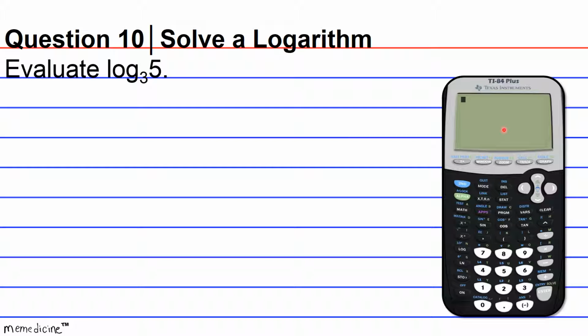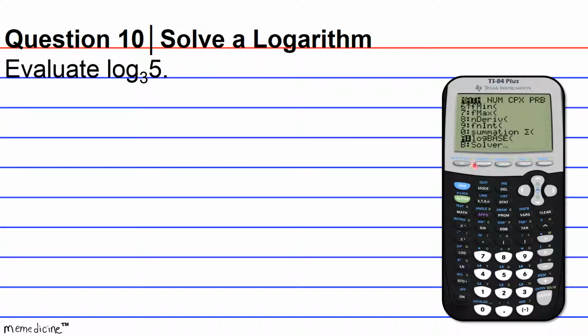Now, in order to input the log base 3 of 5, press math, and you'll be brought here.